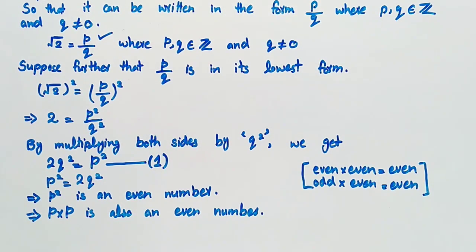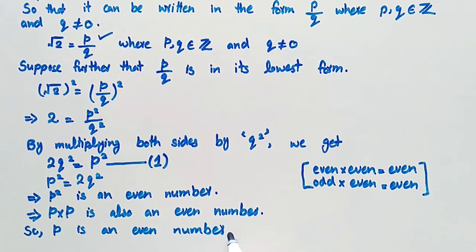Product of two numbers is even when both of them are even or one of them is odd and the other is even. Here in this case P is multiplied by itself and the product is even, so we can say that P is an even number.